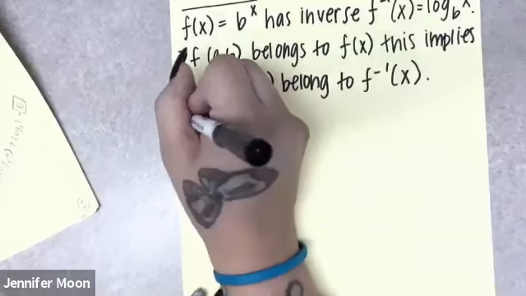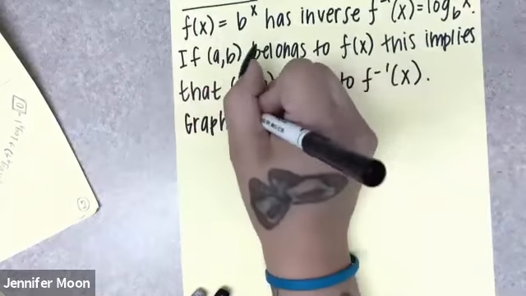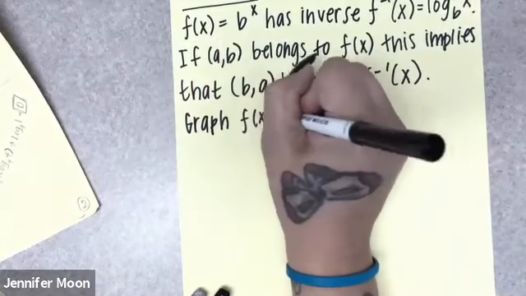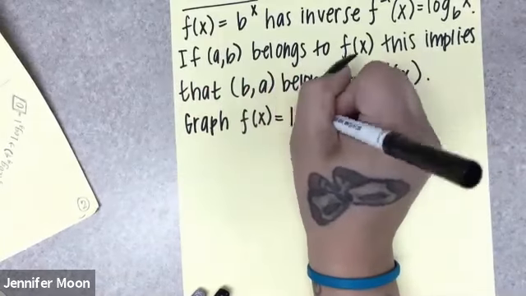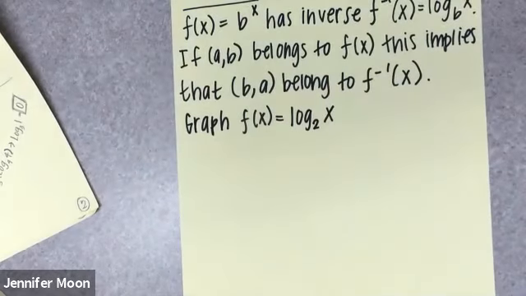So if I'm told that I need to graph f of x equals log base 2 of x, my buttons, I have the natural log button, that was base e. I have the common log, that was base 10. I don't have a log base 2 button on here.